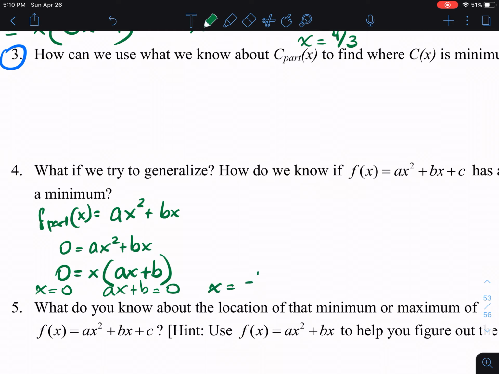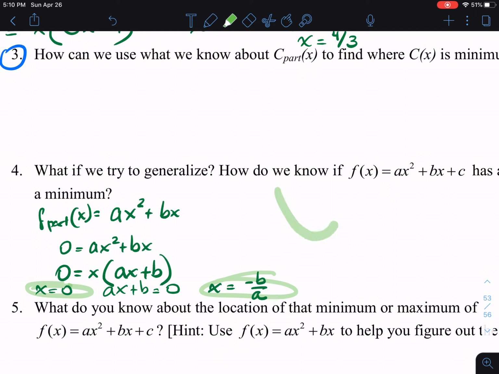Well, that happens when x is minus b over a. So we have 2 places where C part is going to cross the x-axis, one at 0 and one at minus b over a. But what if we want to find out the vertex?